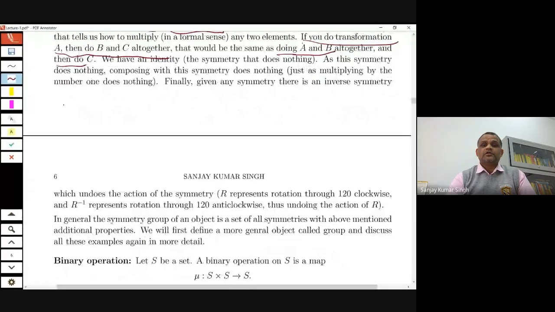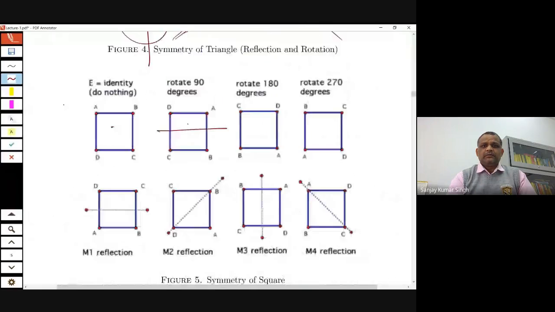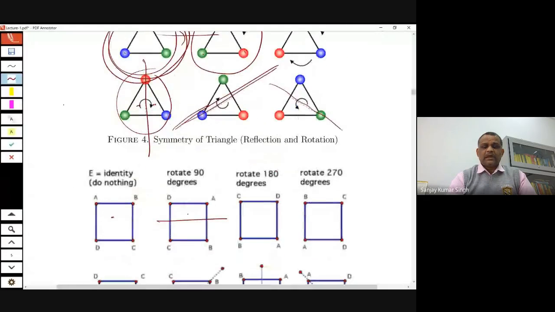And finally, whenever I give you a symmetry like here, suppose I am rotating this by 90 degrees and I get this, then I can also rotate back and come back to the same position. And that is giving you something: there exists some type of inverse of each transformation.